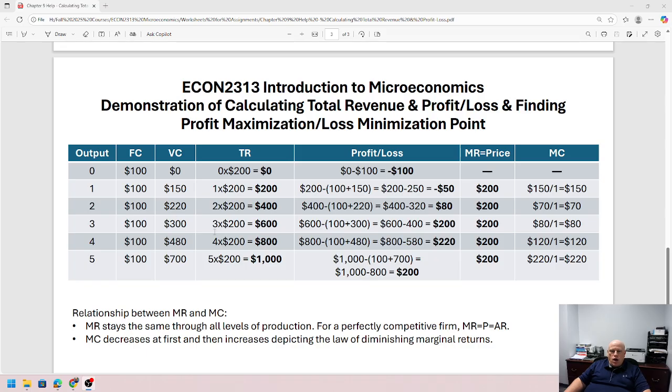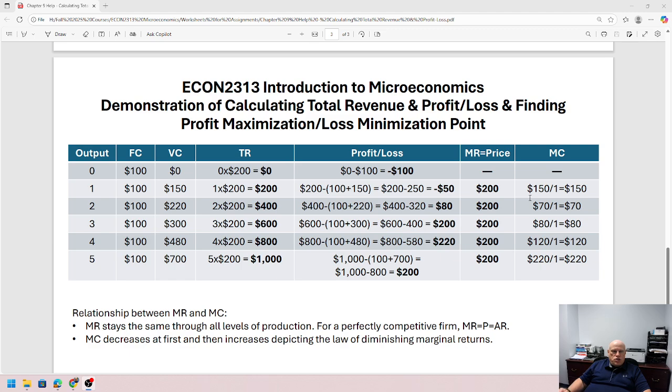On the first one, the change in our total cost is $150, okay? Because we're moving from $100 with 0 units of output to $250 total cost at a rate of output of 1.